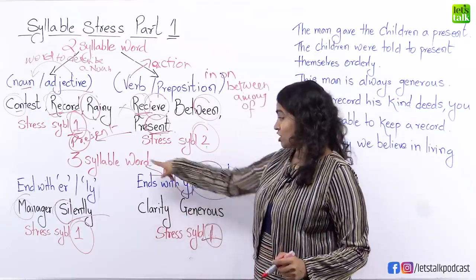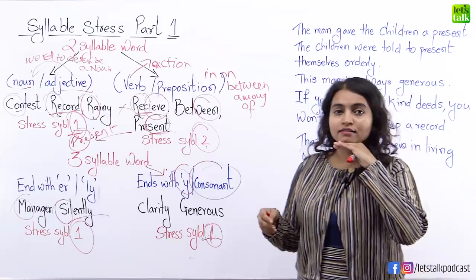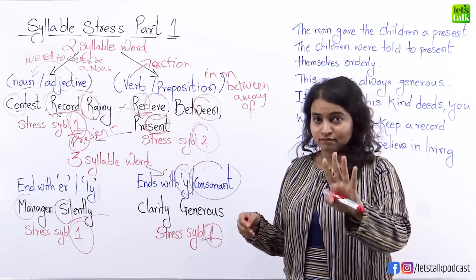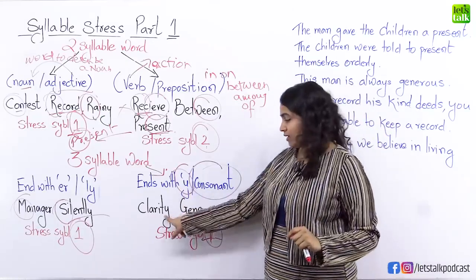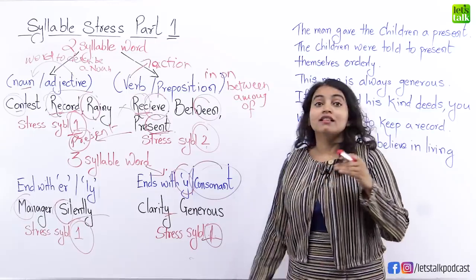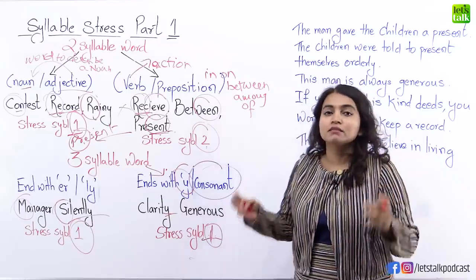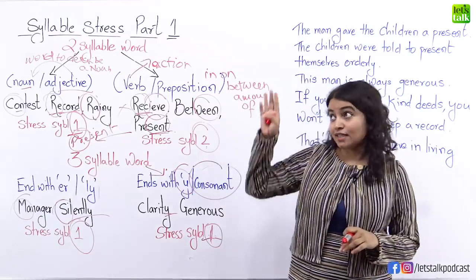It's a word which has got 3 syllables. The word is clarity. 3 syllables? Sure? Good. And this word ends with a Y, which means I'm going to stress syllable number 1 and say clarity. Please give me some clarity, not clarity or clarity.